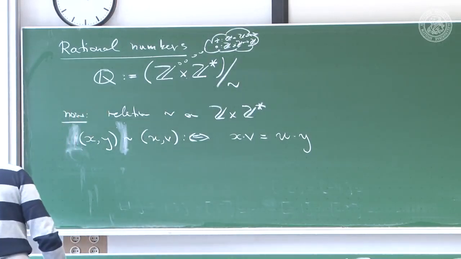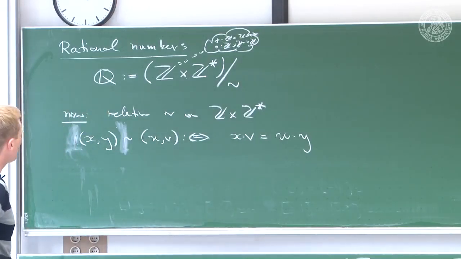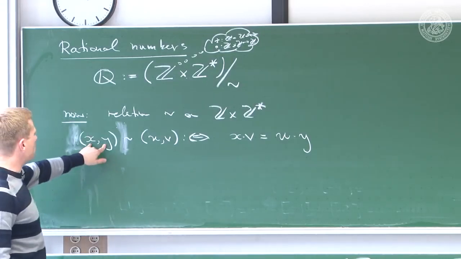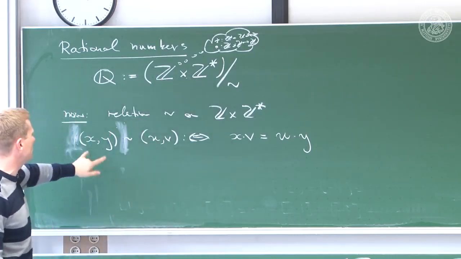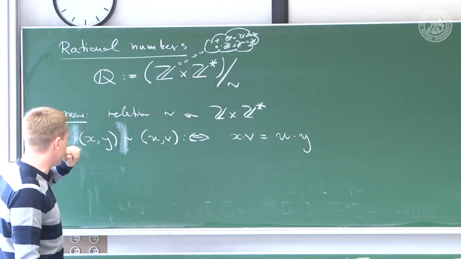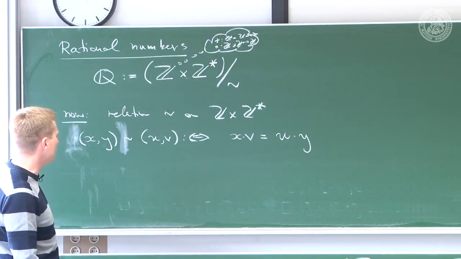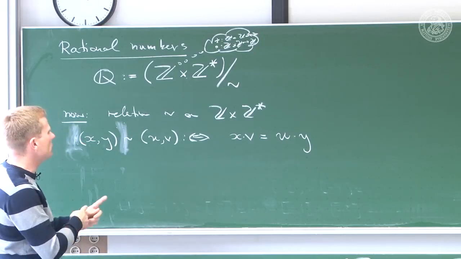You believe me that this works in similar fashion. And now we call a pair (x, y) of an integer and a non-zero integer equivalent to a pair (u, v) if xv equals uy.